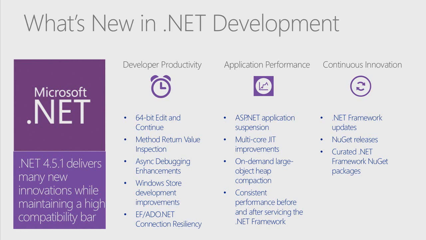So what I'm going to do today is spend a few minutes just covering each one of these themes and discussing what those experiences are. And in future demos, you'll actually see exactly how these features work and what the experience looks like. So let's start off with developer productivity.